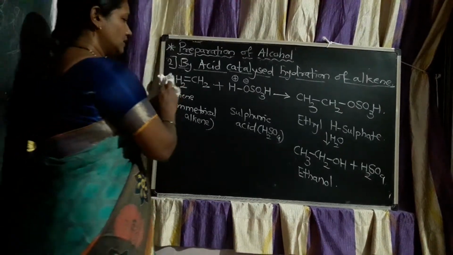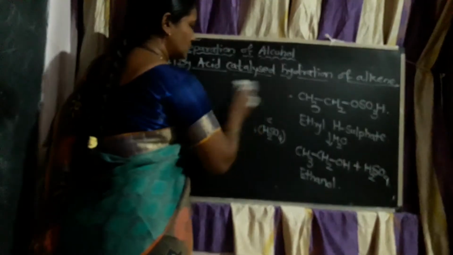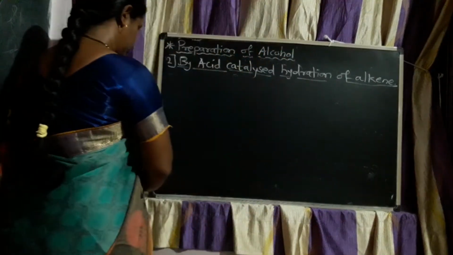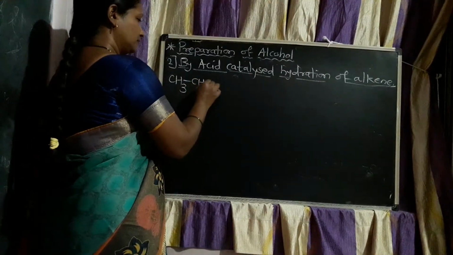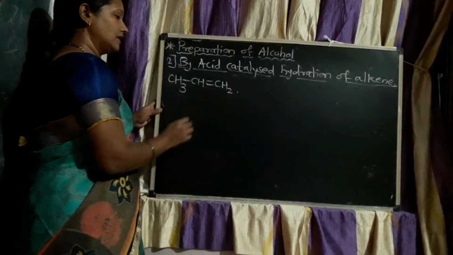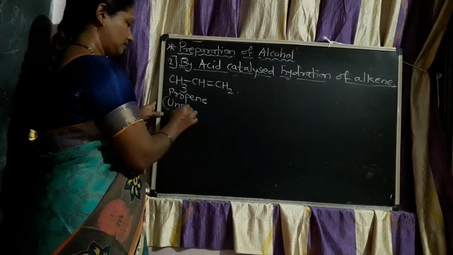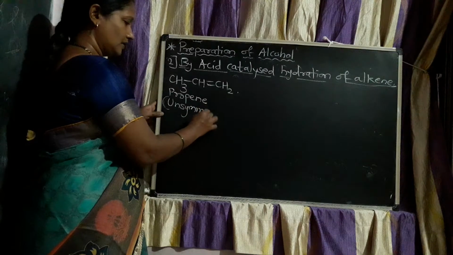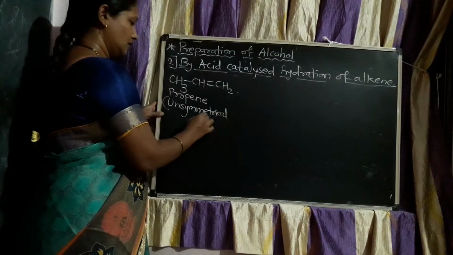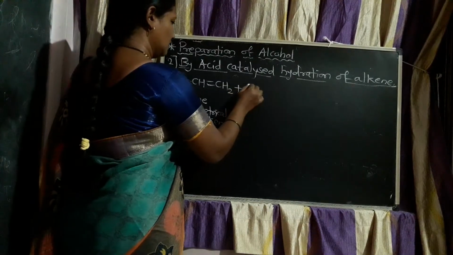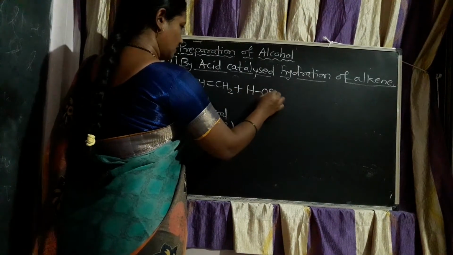Then this reaction we can study in an unsymmetrical alkene. This is the unsymmetrical alkene, propene, plus H2SO4.